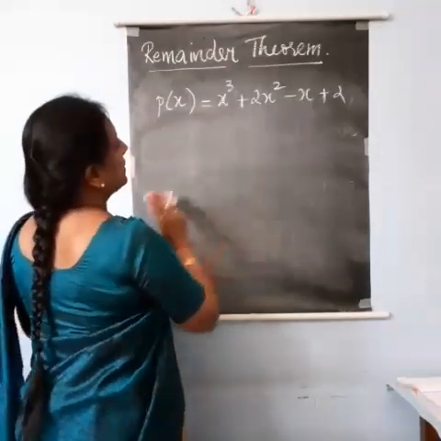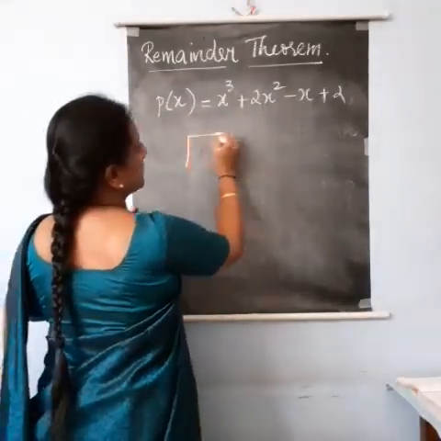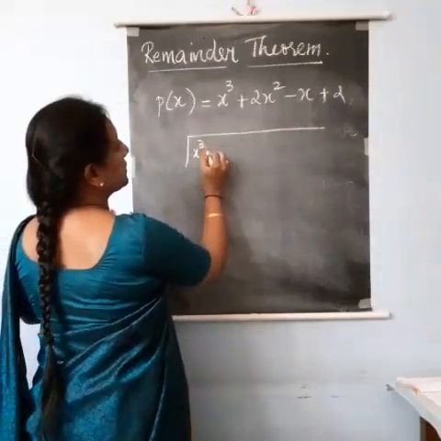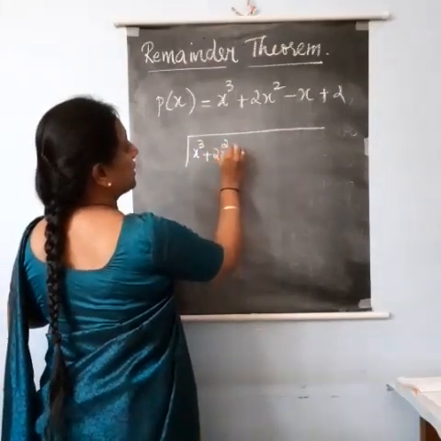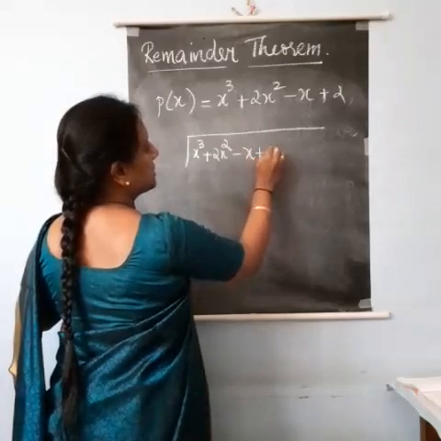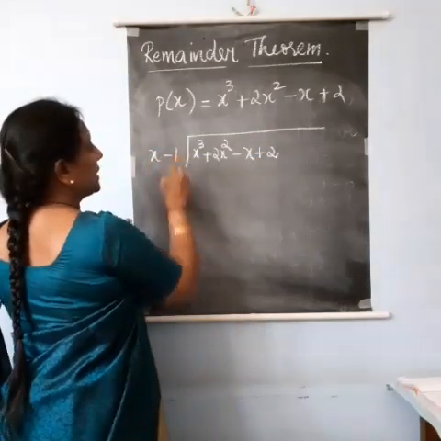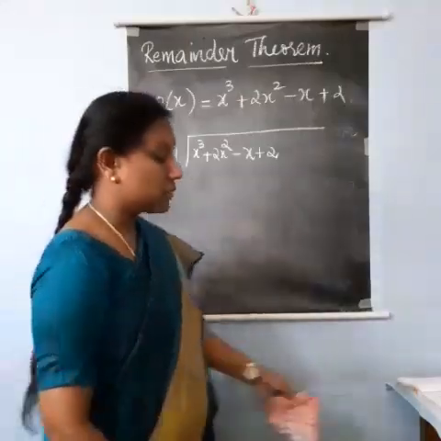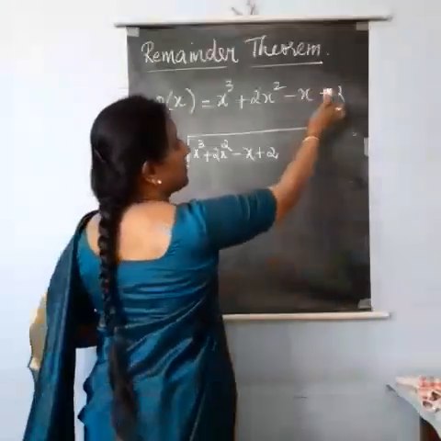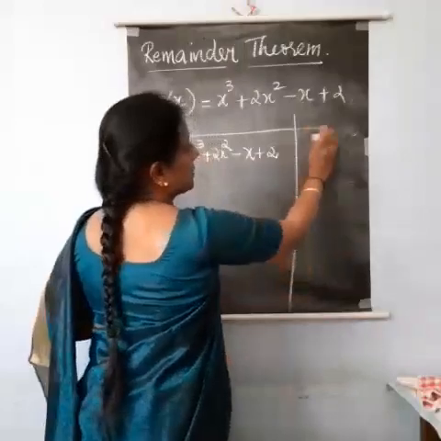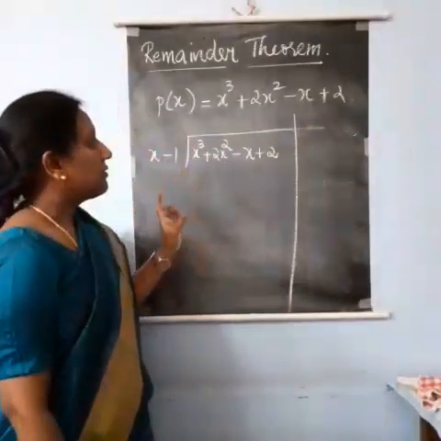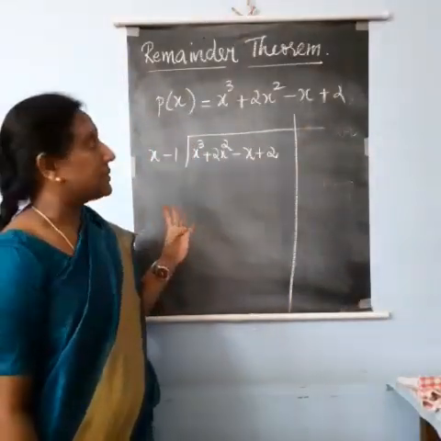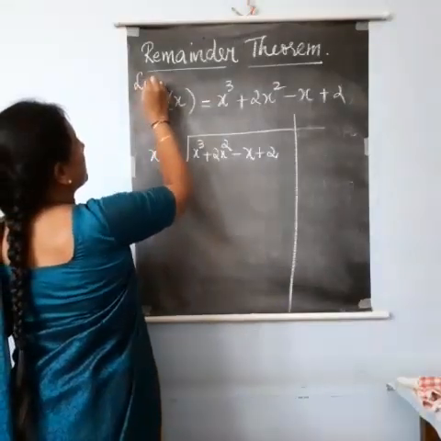So I am going to divide x cubed plus 2x squared minus x plus 2 by x minus 1. Now we'll have to go by steps and do it correctly. So, first step for the long division method. This is the long division method.